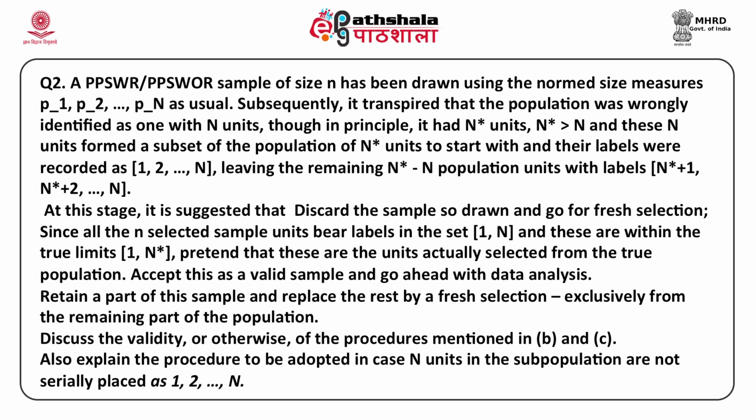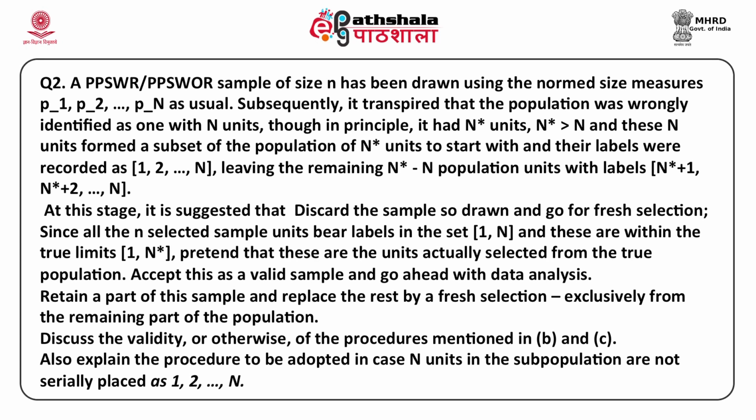Part C says to retain a part of this sample. All of them are captured here, but ideally you want small n. You can think of a proportional break of small n into N and N star minus N, in that proportion, a breaking of small n.